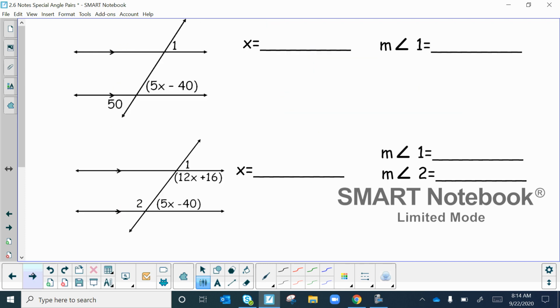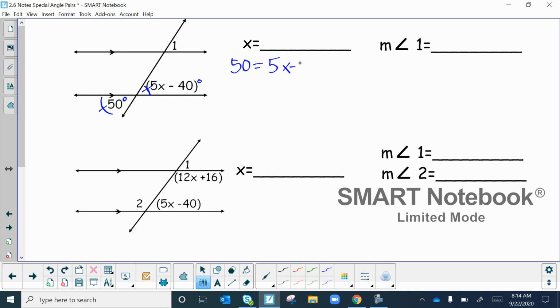All right, let's try another one. And so here we have a little bit of algebra. So this is 50 degrees, which means it's vertical with this one. So that's 5x minus 40. And then I need to solve for angle 1. Well, to solve for x should be pretty easy because this angle is congruent to that angle because they're vertical. That's what we learned on the last lesson. And you might have learned that in middle school.